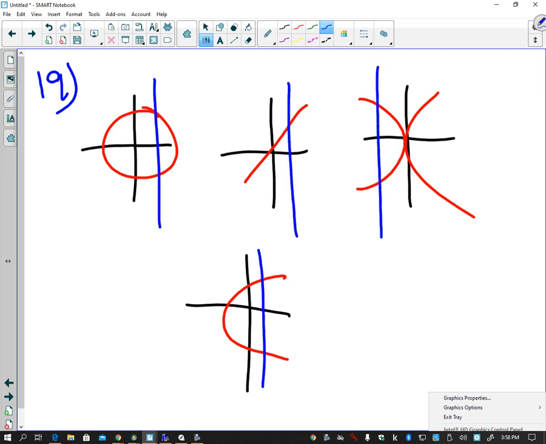You can draw multiple lines if you need to, but I'm looking at how many times it crosses. Right here, it crosses twice, once, twice, twice. If I can draw a line that will cross anywhere more than once, then it is not a function.